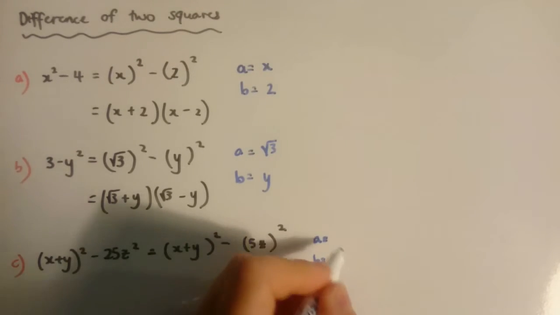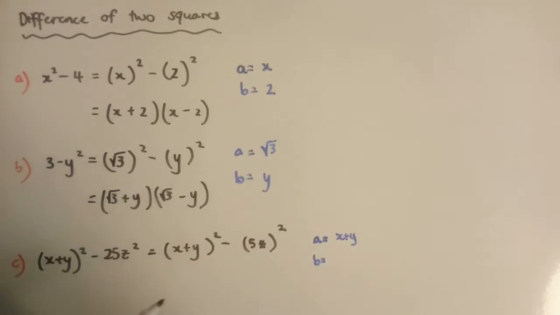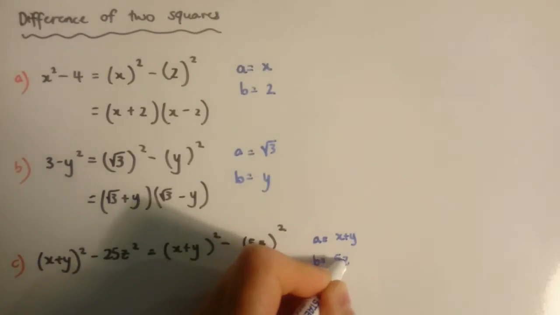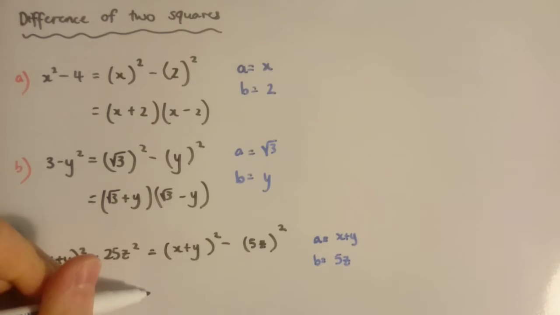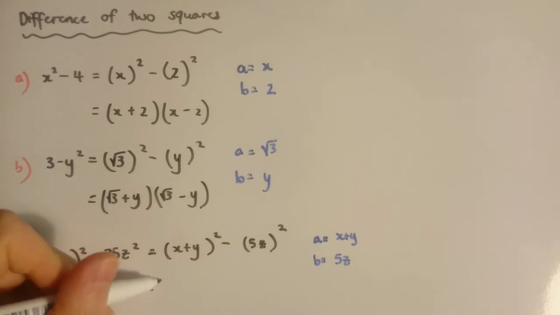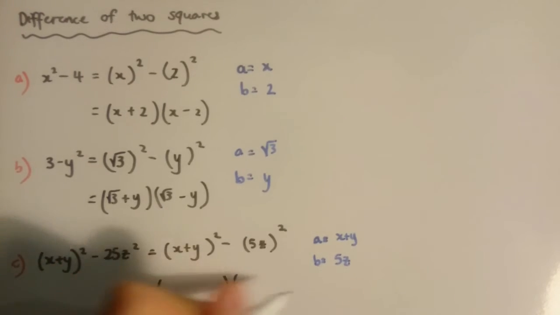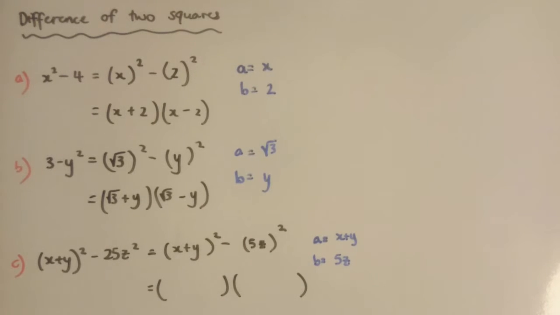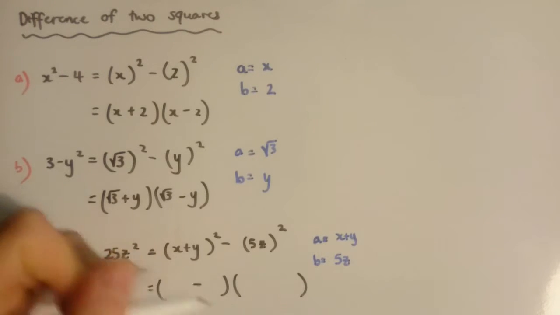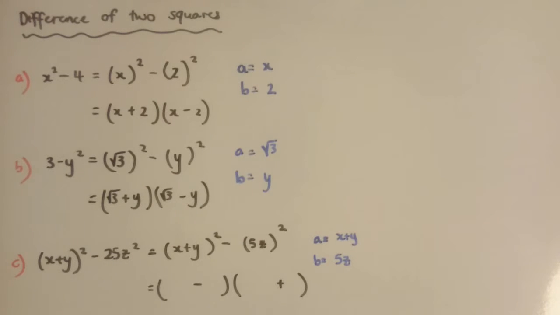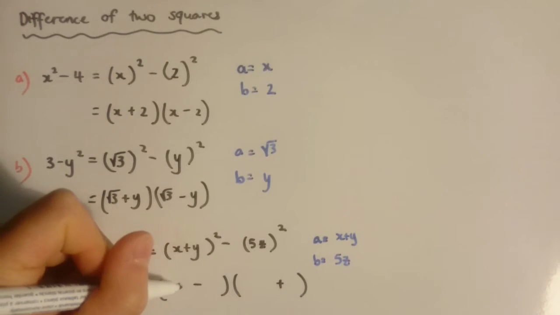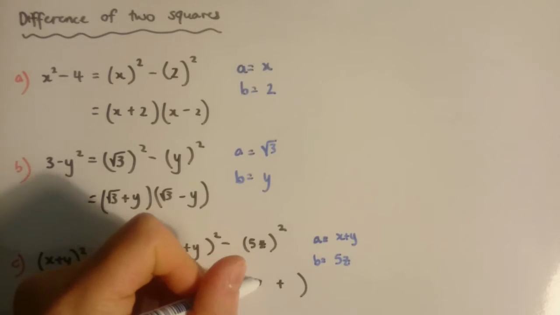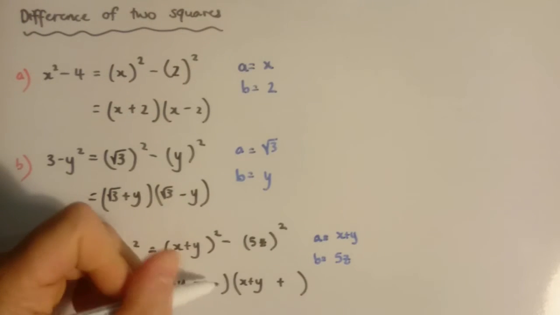Our first one is x plus y, and our second one is 5z. So we're popping out our brackets. Because this first term is kind of big, I'm just going to put some bigger brackets in. It's still going to be the same. One's going to be plus and one's going to be minus. In this case, our first term is x plus y. Our second one is 5z.